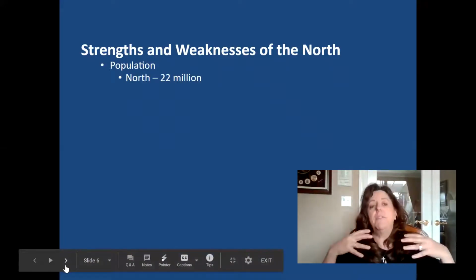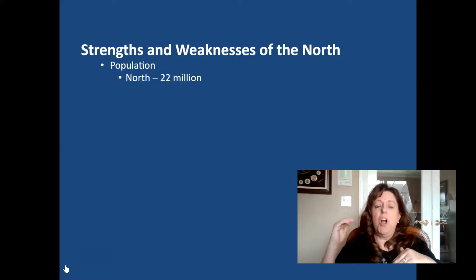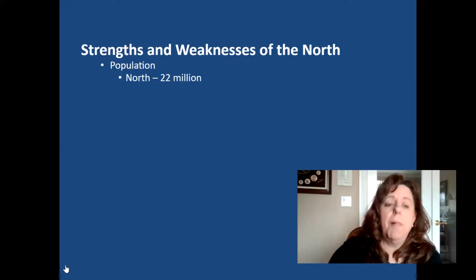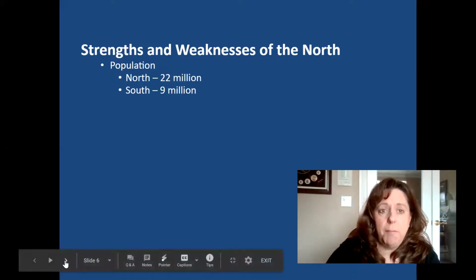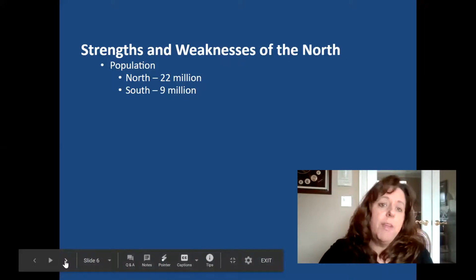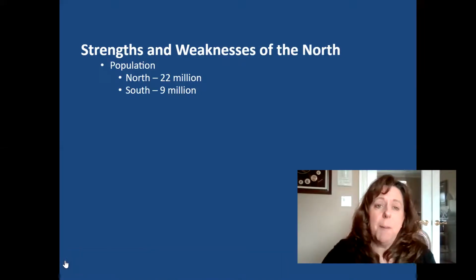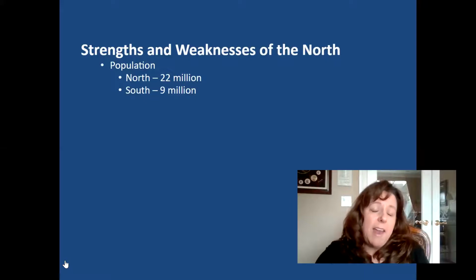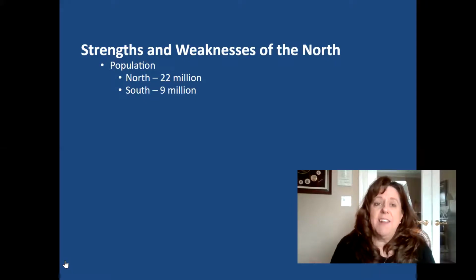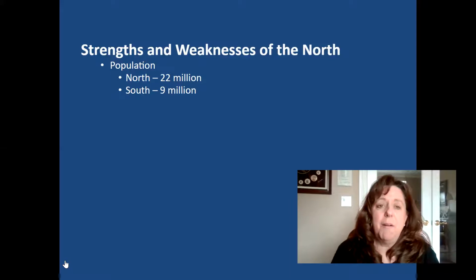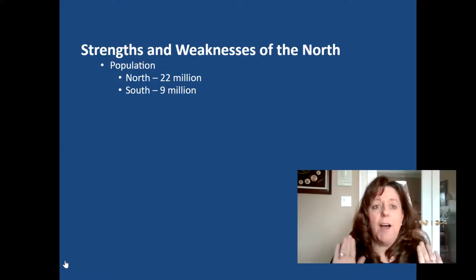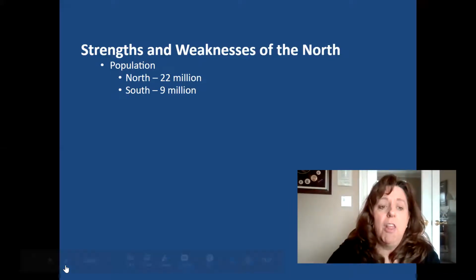Well, first of all, the difference between the North and the South is there were a lot more people up in the North. They had 22 million people. The South, on the other side, only had about 9 million. So that's going to make a big difference. So I'd ask you, if you were with me, who do you think has an advantage just based on the number of people? And of course, you'd look at that and go, Mrs. Chappie, it's by far the North.